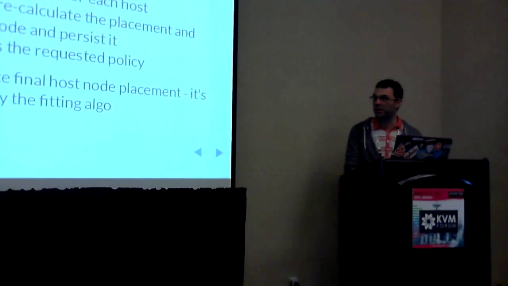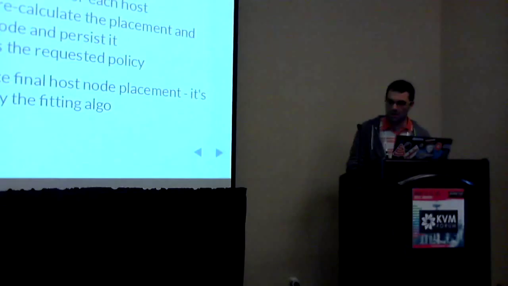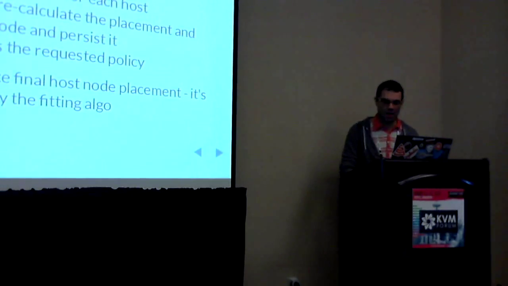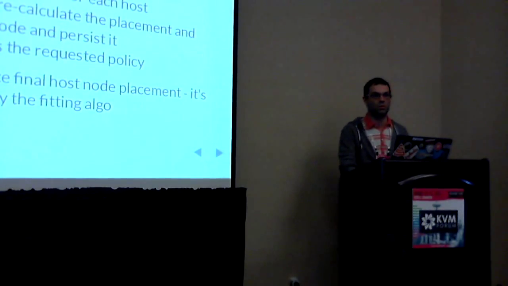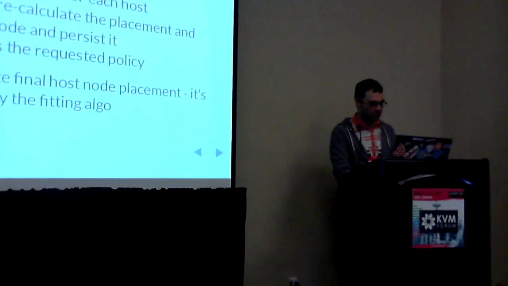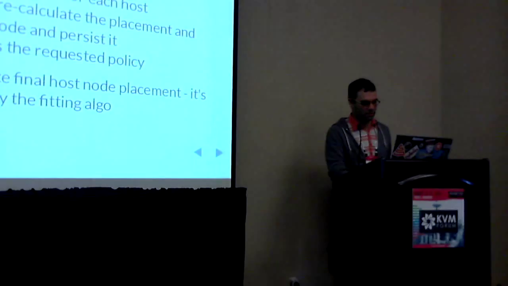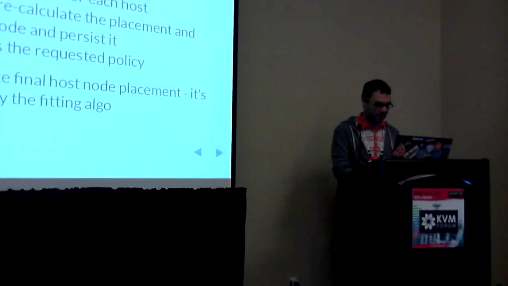So once the host is decided and it's given the request to provision the VM, we then decide based on utilization on which host NUMA nodes we're going to pin our instance to, and libvirt lets us implement this.